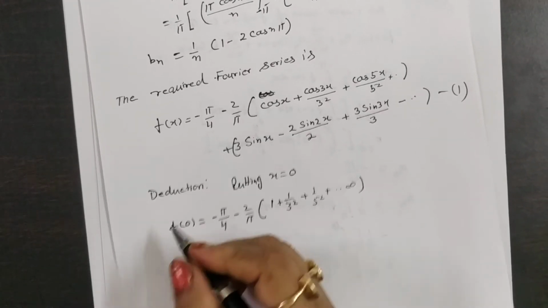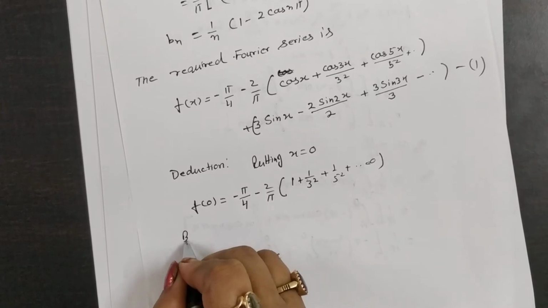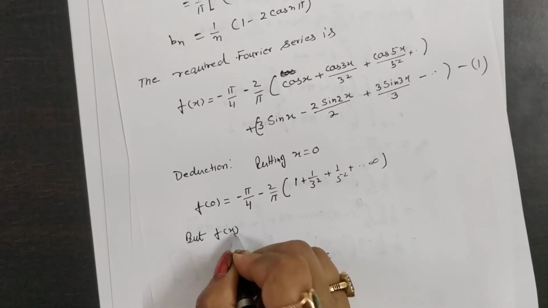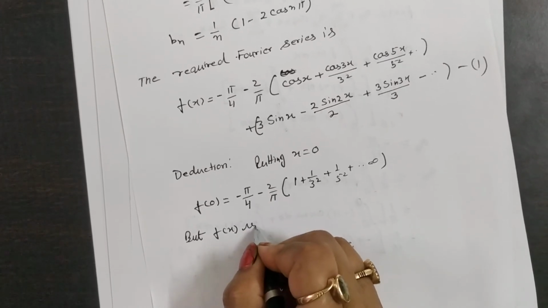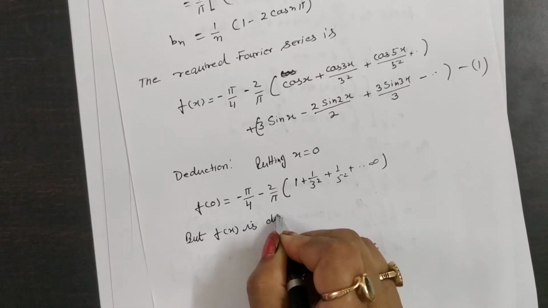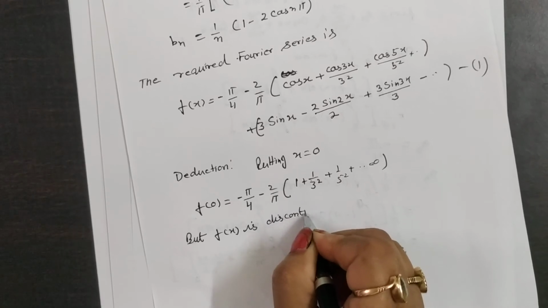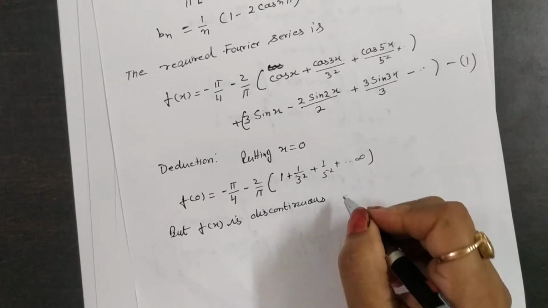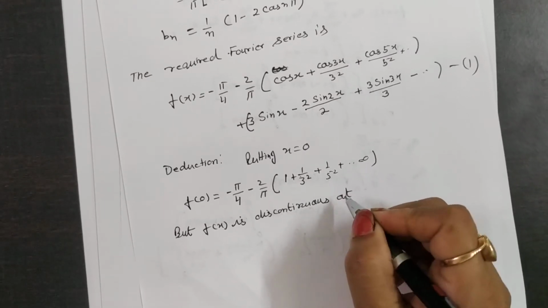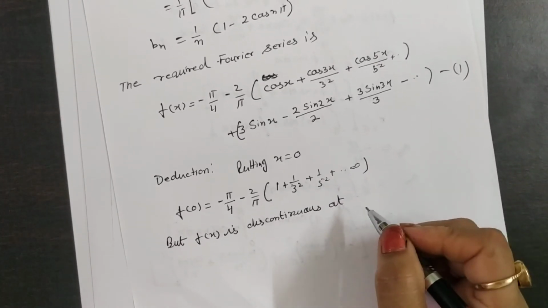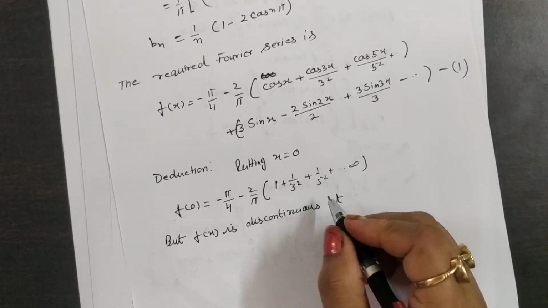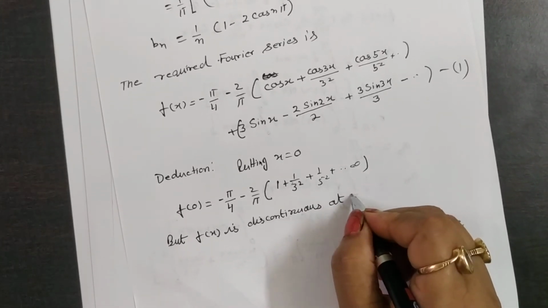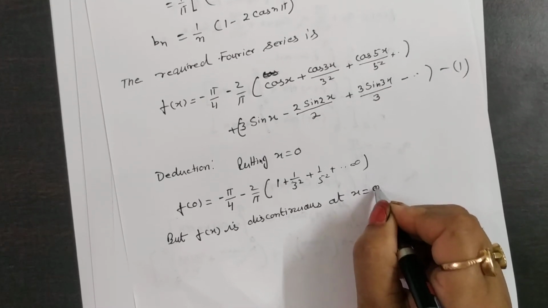But f of x is discontinuous at x is equal to 0. You also know the continuity of a function, so you can check it. For the function f of x, it is discontinuous at x is equal to 0.